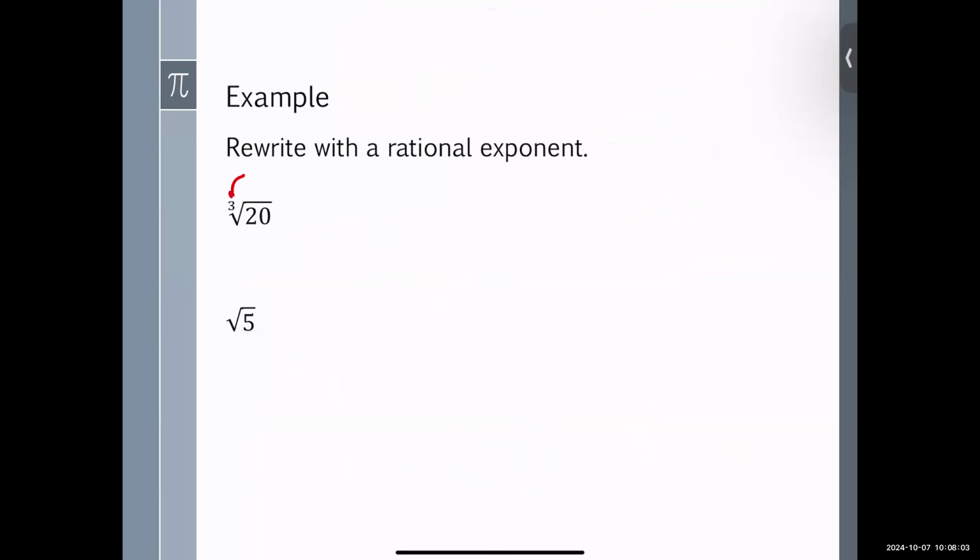Again, the index is the denominator, and whatever the power is, in this case it's 1, that's what the numerator is going to be. So what is this? Is this 20 to the 1/3?